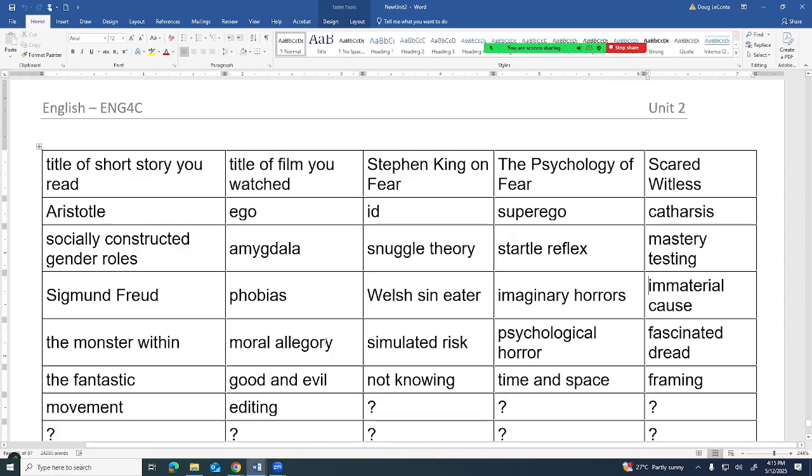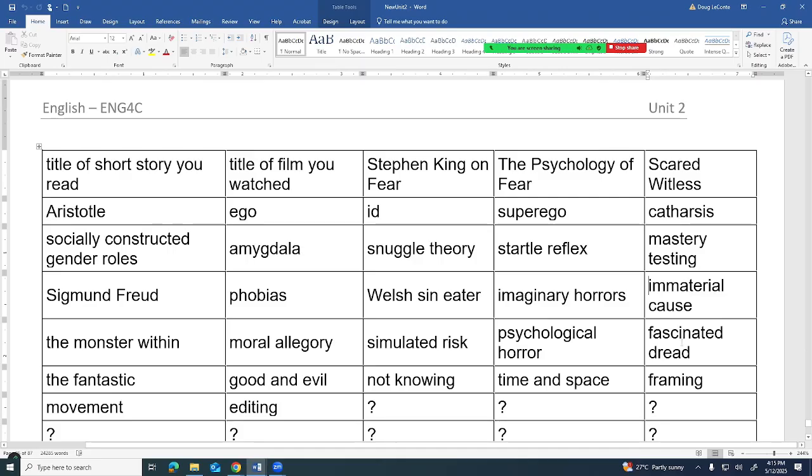Moral allegory. So that's one of our types of horror story, our genres or subgenres of horror. Simulated risk, one of the reasons people love going to watch horror movies. Psychological horror.